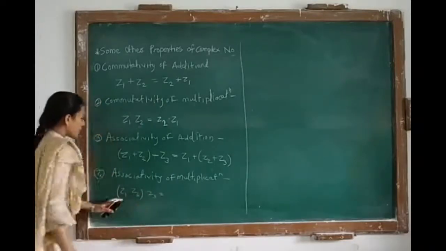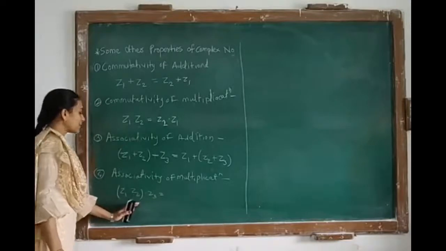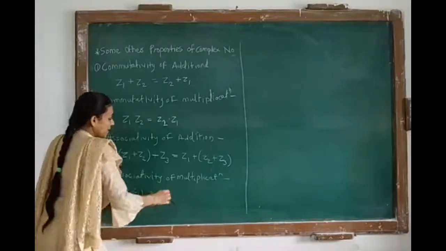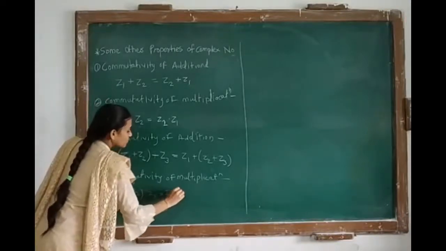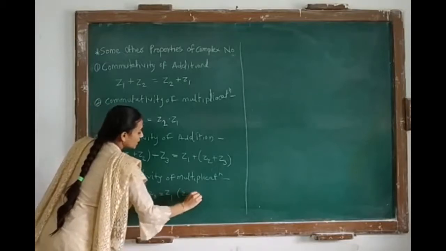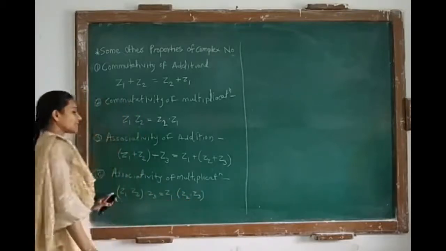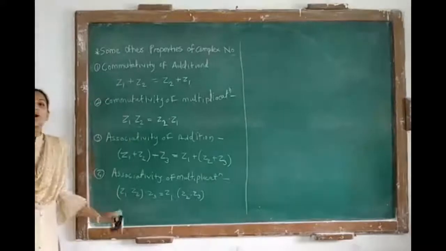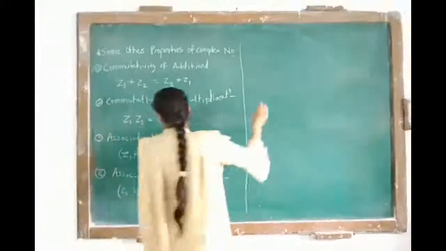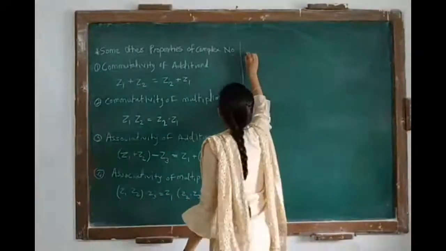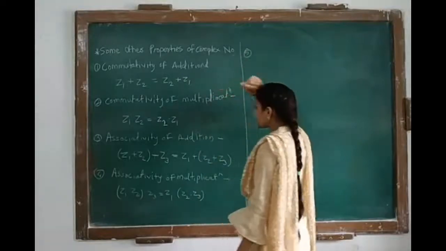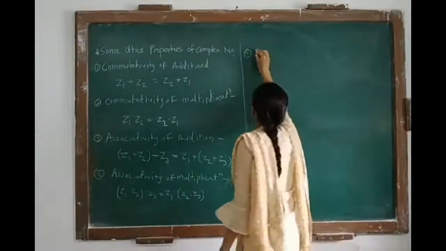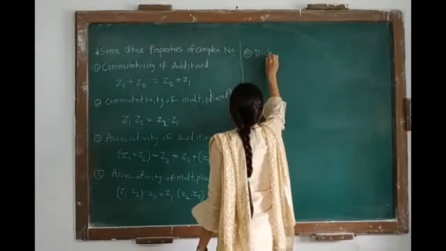So, Z1 into Z2, this multiplication is again multiplied with Z3 and this will be equal to Z1 into Z2 into Z3. This is nothing but associativity of multiplication. Then fifth is distributivity of multiplication.